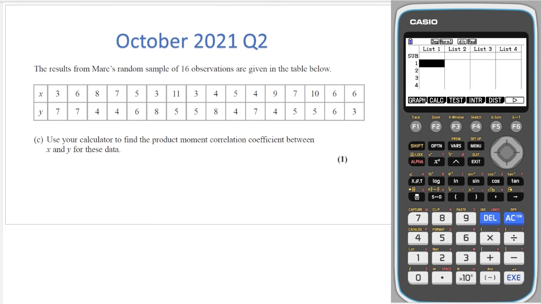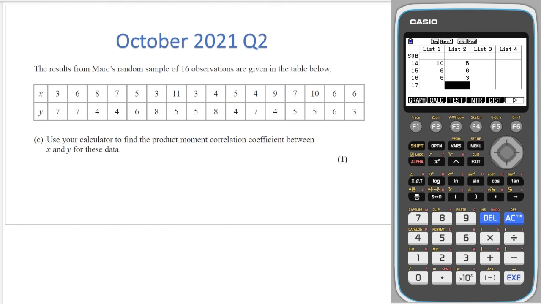So the first column will be my X's, so I write 3, 6, 8, 7, 5, 3, 11, 3, 4, 5, 4, 9, 7, 10, 6 and 6, and then I would go up to the top and I would do the same for the Y's, and this time I'm just going to skip past all of this to save time.